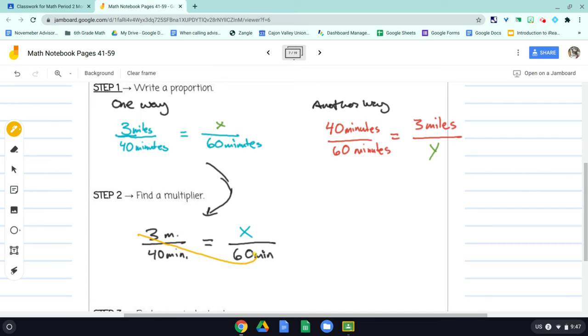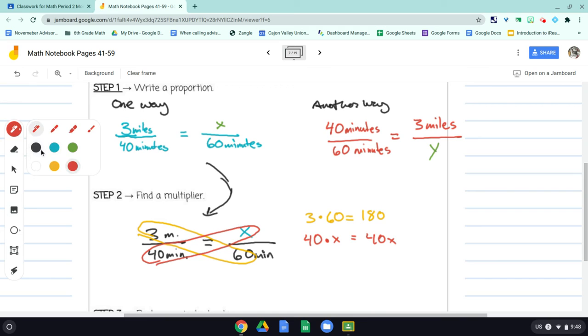First, I'm going to cross multiply 3 times 60. And 3 times 6 is 18. Add that 0, so 180. And then I'm going to cross multiply 40 times X. And that equals 40x.